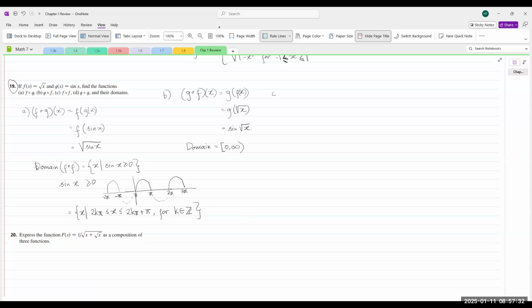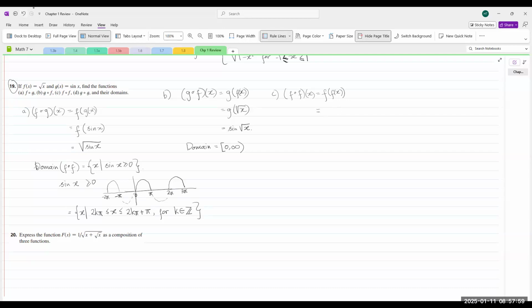Part C, how about f composed f? F composed f of x equals f of f(x). That is square root of square root of x, right? That's basically the fourth root of x. Maybe I write it this way. Let me slow down.